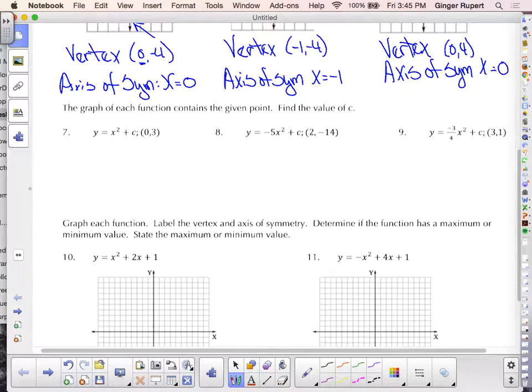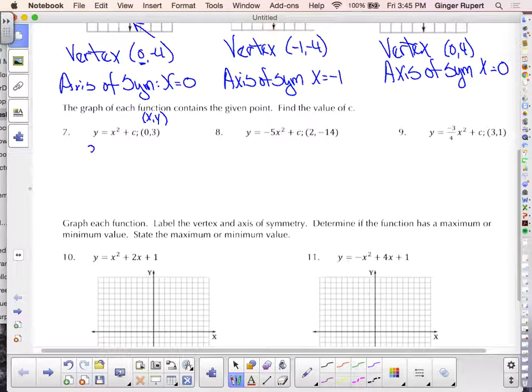Okay, then looking at questions 7 through 9, it says the graph of each function contains the given point. Find the value c. Well, the given point is a value x, y. So all you need to do for these problems is substitute those values of x and y into this equation and solve for c.